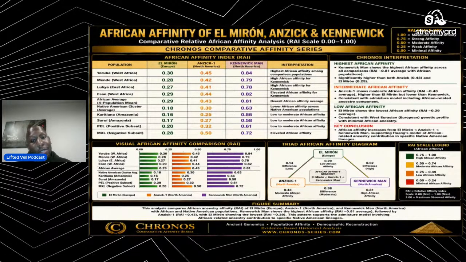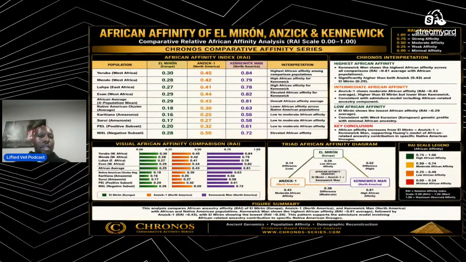That ties into what I've been talking about. Okay. And they offer an explanation as to why. Because if you see here, if the Elmoran is ancestral to the ANZIC, right? But the ANZIC, now let's put this together. Kennewick man had the most affinity with Africans, right? ANZIC is second, Elmoran is third, right?